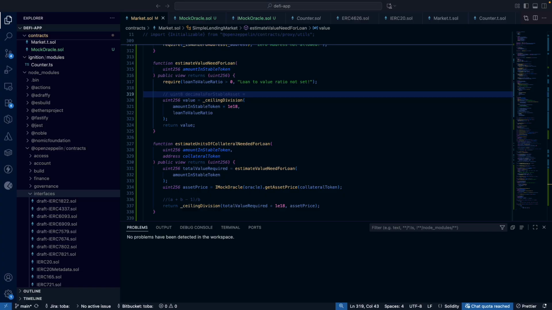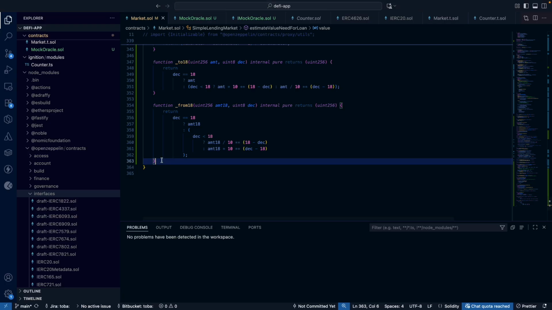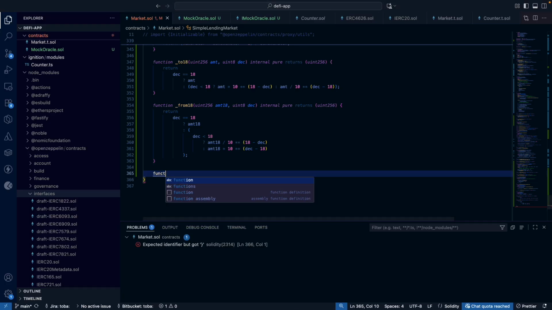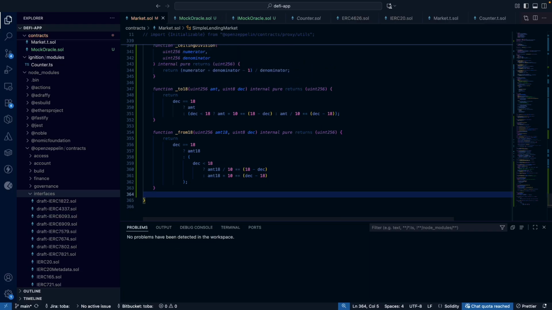Okay, there is a function that I need to write, an internal function. So function here, this gets decimals. Actually, let me not write the function.